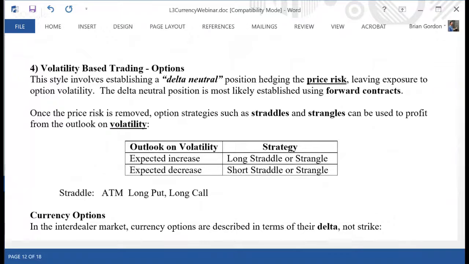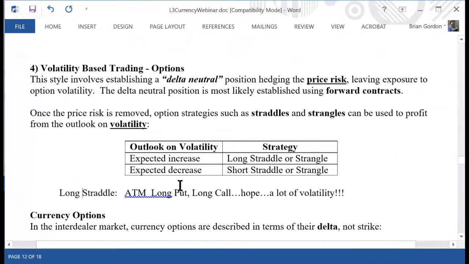So what we're hoping for is that there is a lot of volatility. That's what we want with the long straddle. Okay, this is a long straddle position. Long the put, long the call. We're hoping for this. So you're looking for this on the exam.